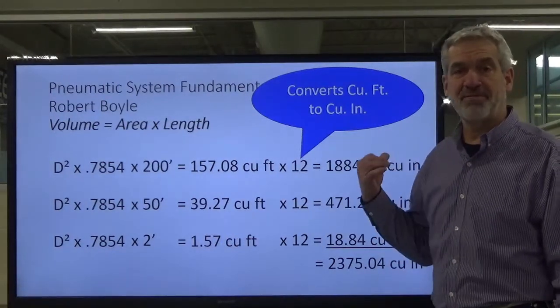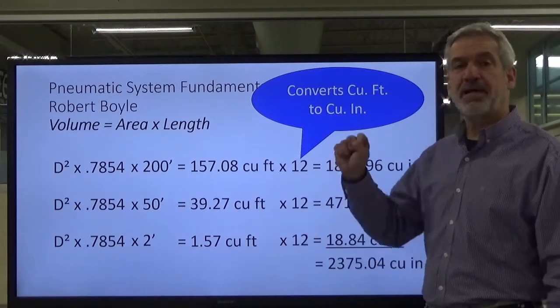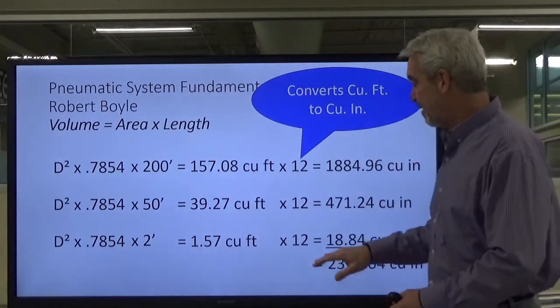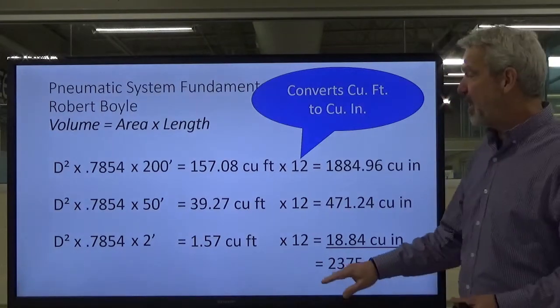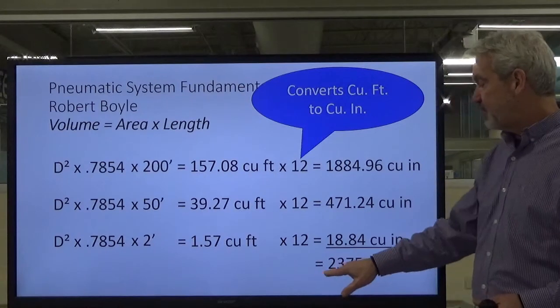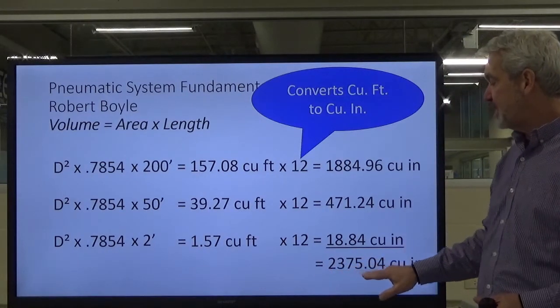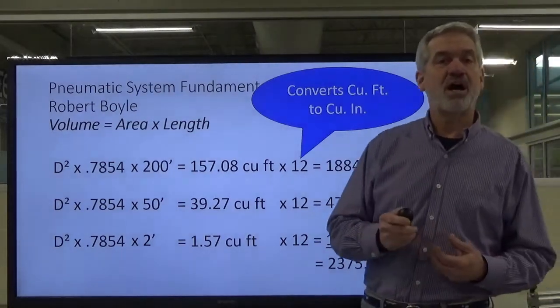But as I said in the previous 2 examples, we have to have cubic inches, so we're going to multiply it by 12. And that gives us 18.84. You add all of these up together, and we wind up that all these lengths of pipe that we've installed are going to give us an additional 2,375, let's leave it rounded to that, cubic inches of volume.